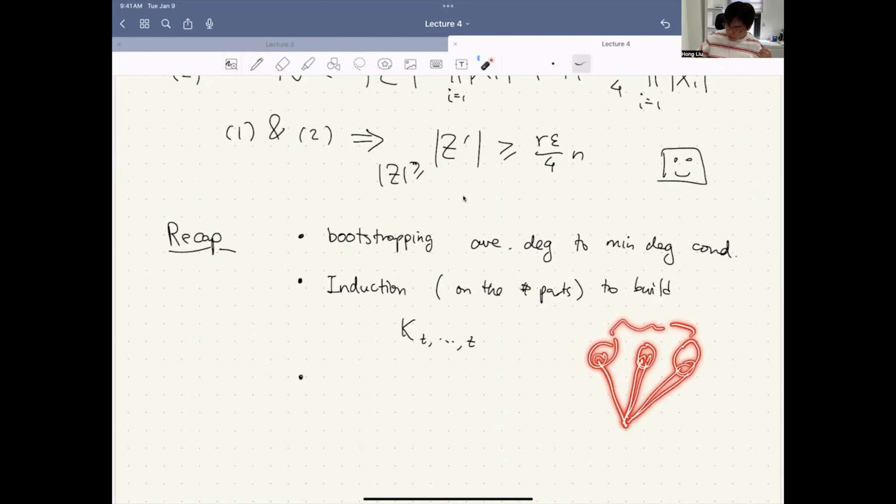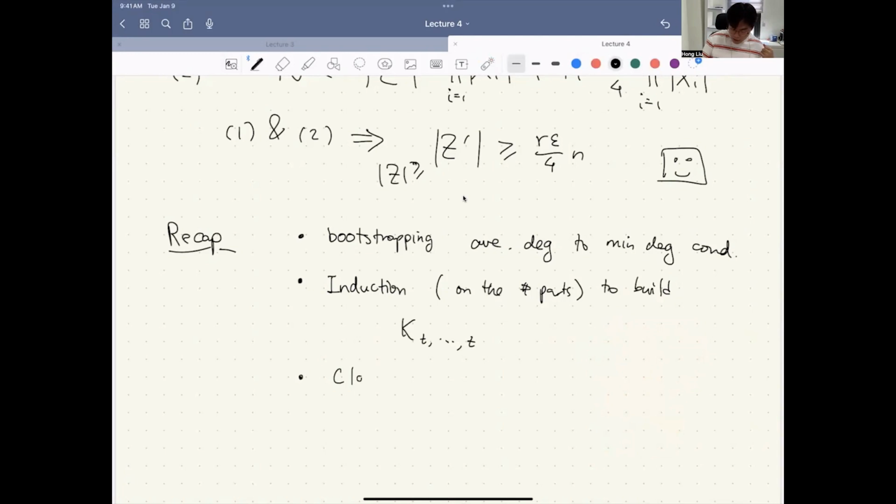We're going to say that there are many vertices that have many neighbors into these previous parts. And by averaging, you are done, right? So this claim is that many vertices, this set Z, have high degree to each x_i.